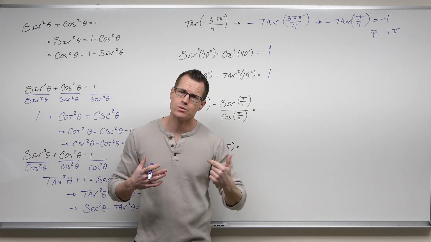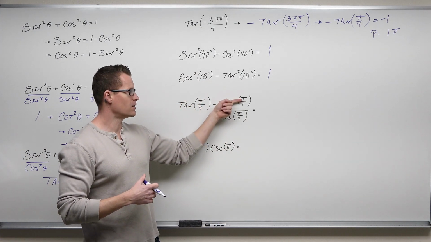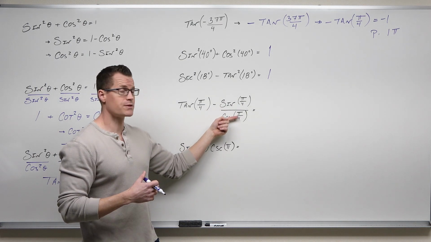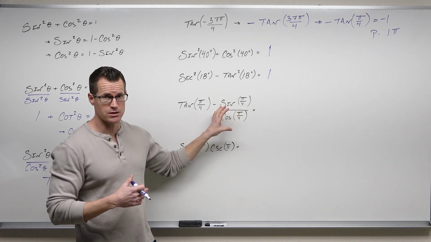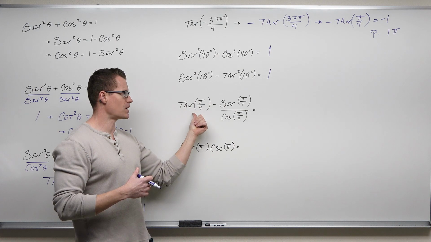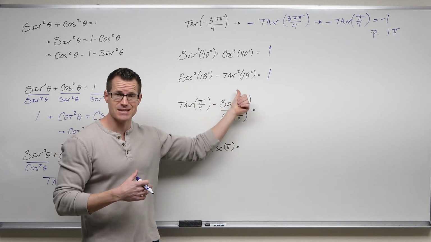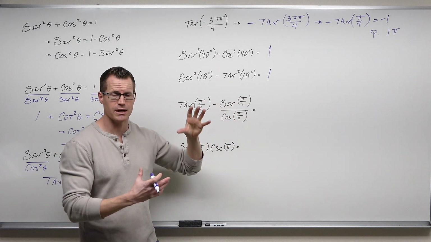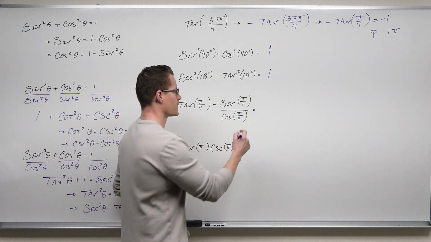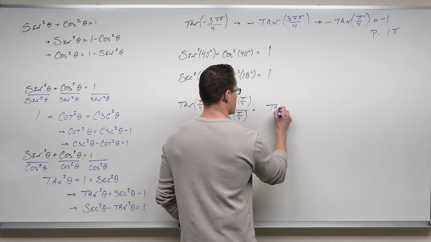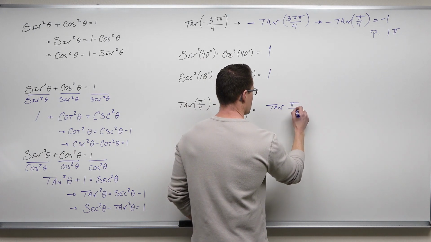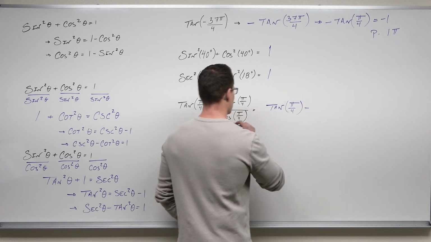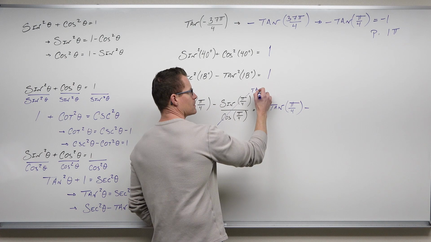For instance, do we remember that sine of an angle over cosine of the same angle is how tangent is defined? So this is tangent pi over 4 minus tangent pi over 4. Sine over cosine makes tangent with the same angle.